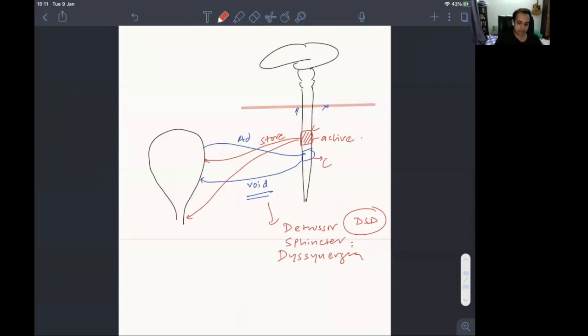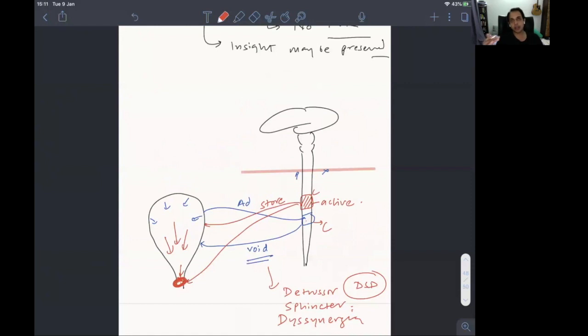So what this means is that your parasympathetic may be telling the detrusor to contract, whereas your sympathetic may be telling the internal sphincter to also contract. So there is pressure coming from above, but there is no relief in the internal sphincter pressure. So this is a painful condition. So in a pontine lesion or an infrapontine lesion, there can be pain.